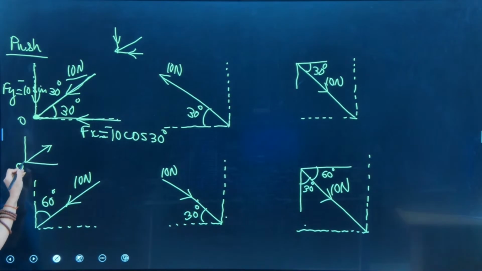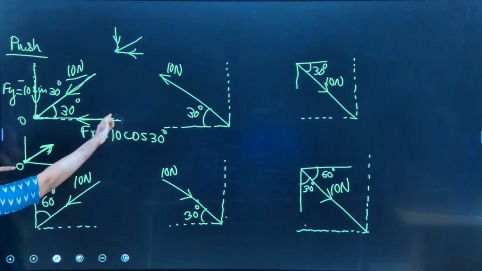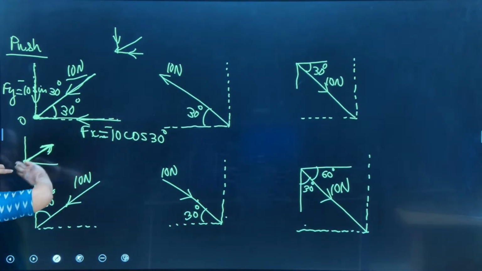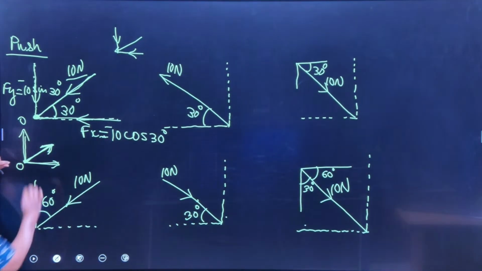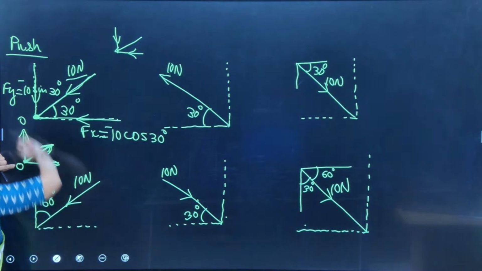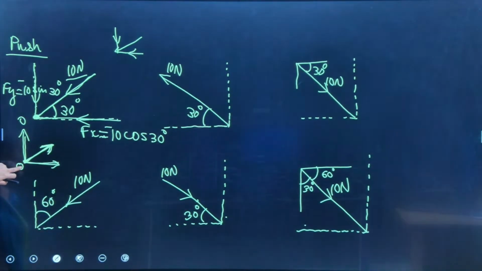If this is point O, the force is going away from point O. So if the force is going away, its components, this is one component, this is another component, are also going away from the point, right?